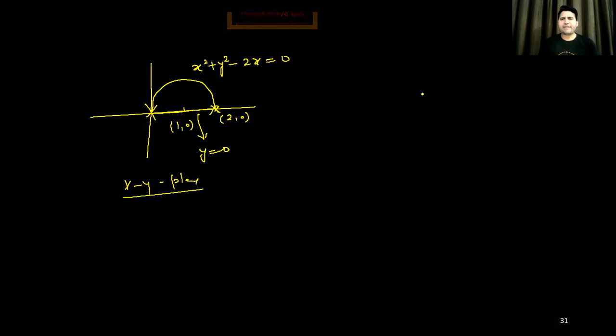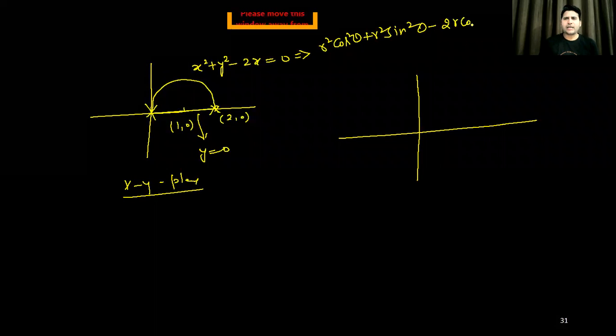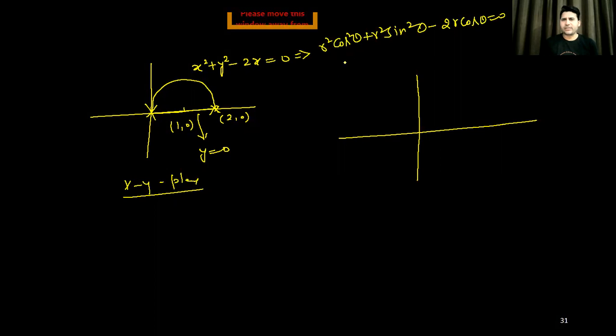The same if I convert in polar coordinates will also look the same, but the equation will change. If I convert this equation by putting x equals r cos theta, y equals r sin theta, what will I get? r square cos square theta plus r square sin square theta minus 2r cos theta equal to 0. r square can be taken from these two terms, so sin square theta plus cos square theta is 1.